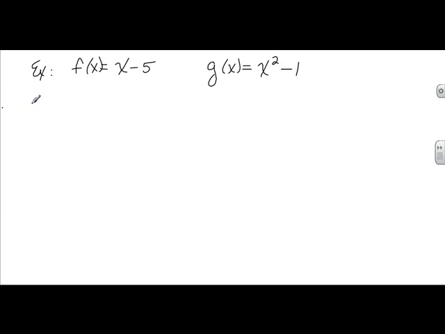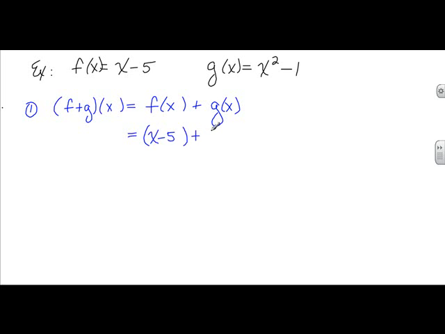For our example here, where we have f of x and g of x given the way they are, we may be asked to find the function f plus g of x. Well, all you have to do is take f of x and add g of x. So f of x is the quantity x minus 5.